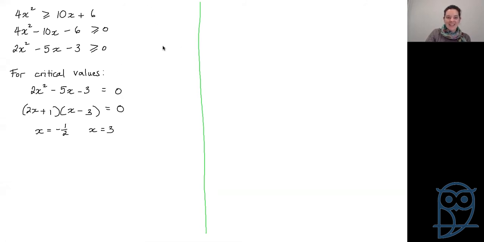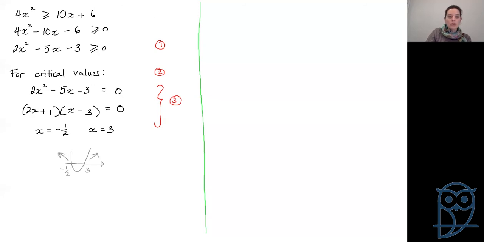So again, we've got step 1, quadratic related to 0. Step 2, for critical values. Step 3, solution of equation equals 0. Quadratic equals 0. We can solve that equation. Next one, minus a half and 3. We are looking for quadratic bigger than 0.